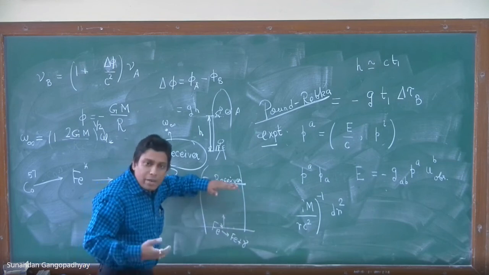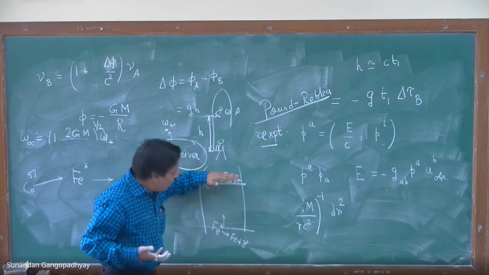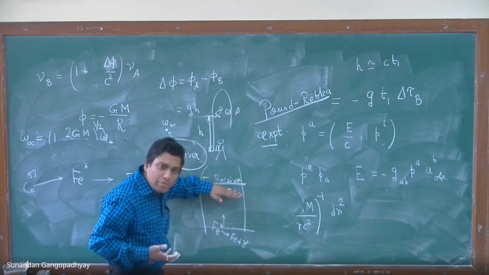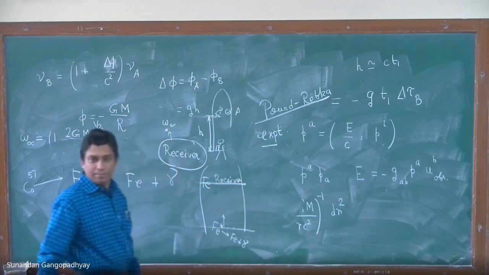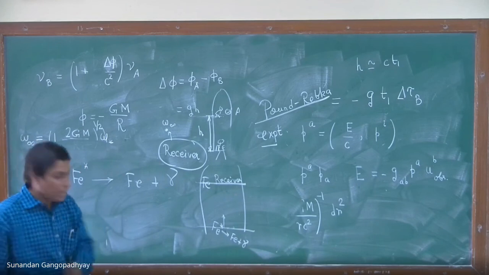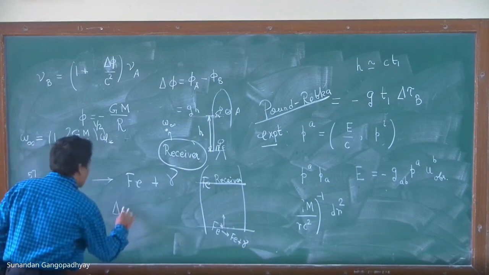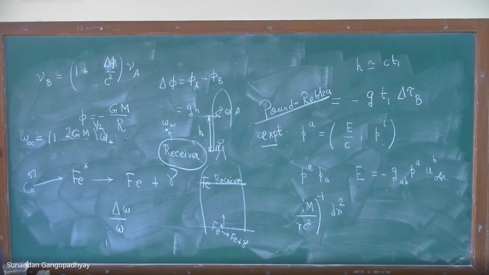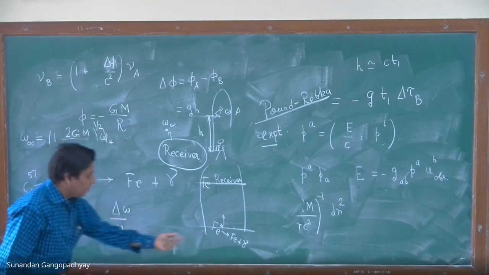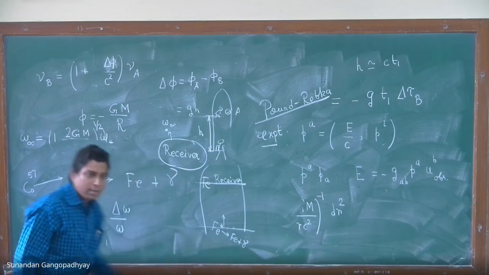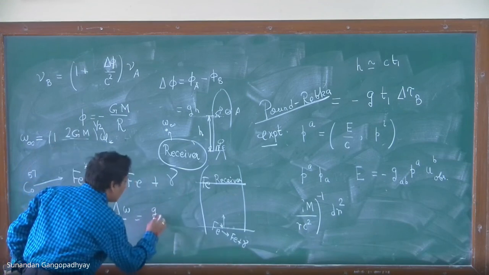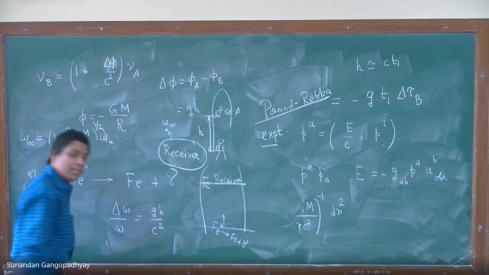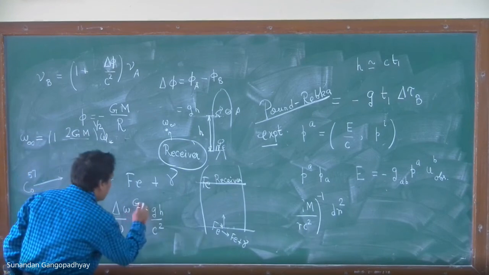So if gravitational time dilation is really there, and you give a compensating blue shift, then resonance should occur, right? So what is delta omega by omega? The change in frequency of this gamma divided by omega. That must be this factor gh by c squared, and this is the gravitational redshift.